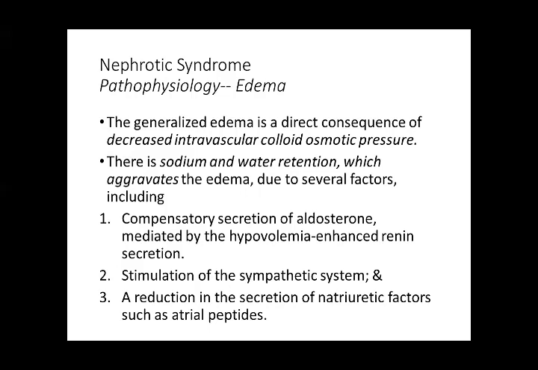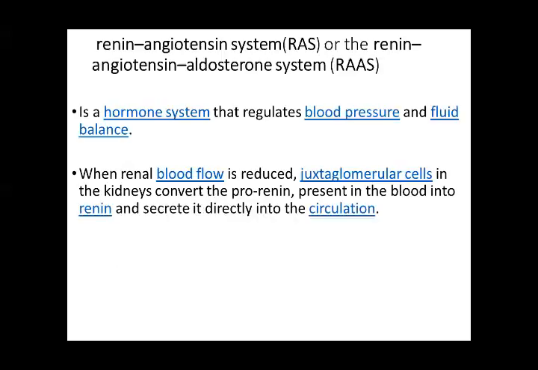So one hormone is aldosterone, the compensatory secretion of aldosterone. And then there is sympathetic stimulation that causes vasoconstriction and tries to maintain at least proper blood flow. And reduction in the secretion of natriuretic factors such as atrial peptides also causes vasoconstriction.